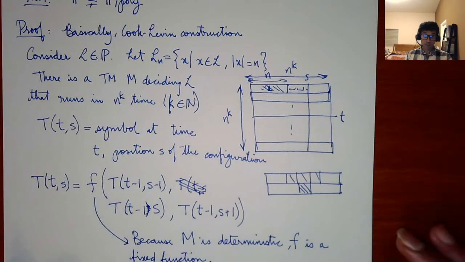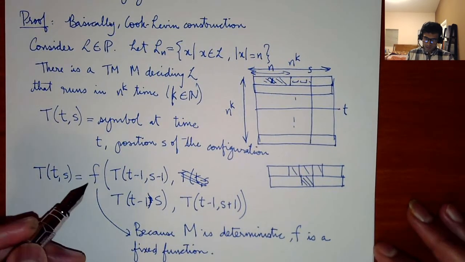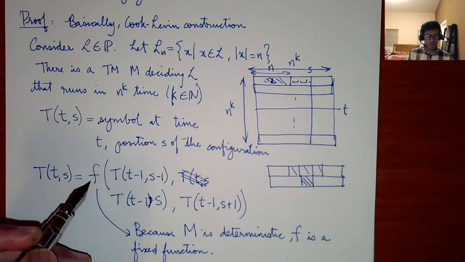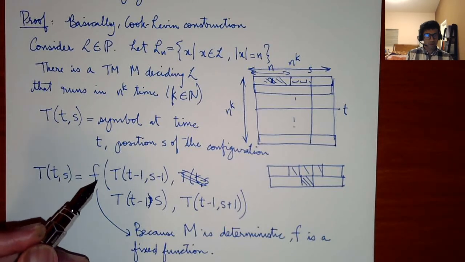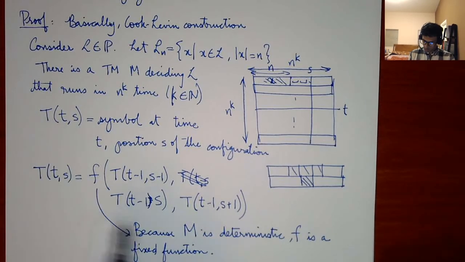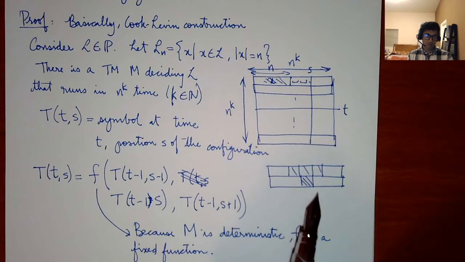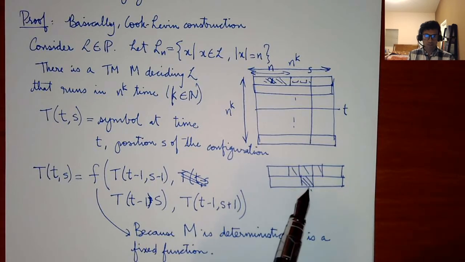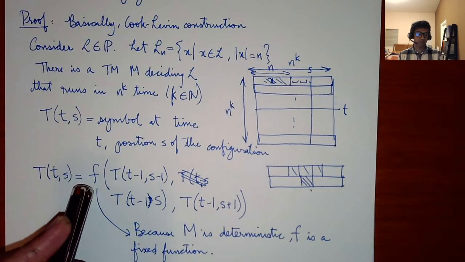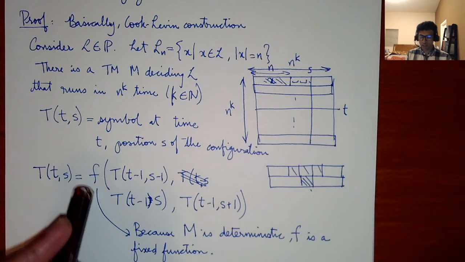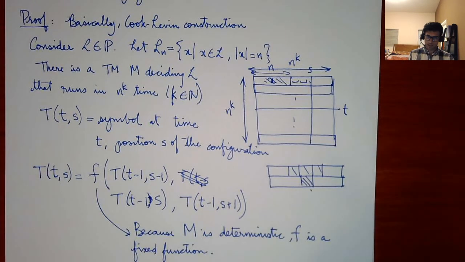In the proof of the Cook-Levin theorem, there was no explicit function because of the non-determinism in the Turing machine. So depending on the symbols there are multiple possible choices of what could go into the next cell. But because the Turing machine is deterministic, there exists this explicit function F.